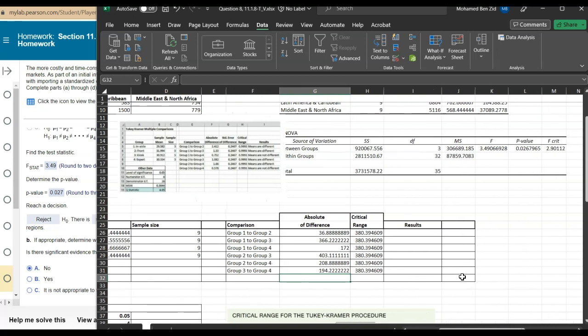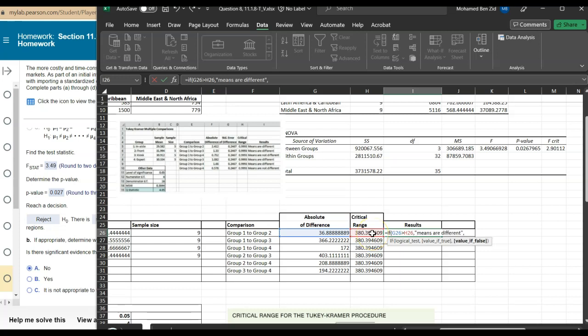So what's going to happen right now, we're going to compare those absolute values with the critical range. So we're going to make an if statement. Equal sign, if. If the absolute value is greater than the critical range, then my statement will say the means are different.